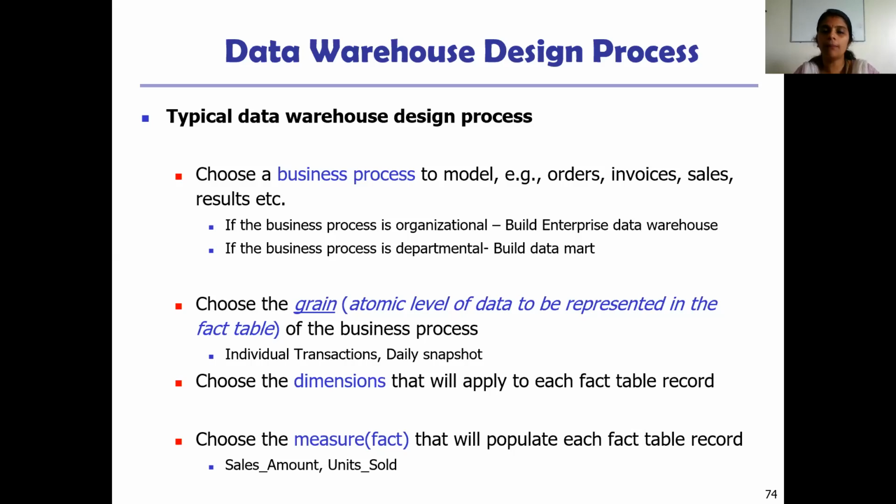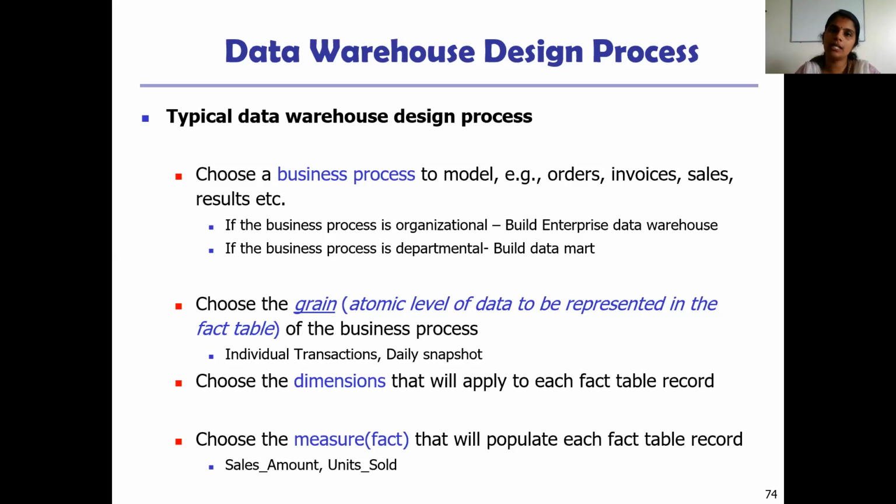What is the first step? Choose the business process which we need to model. If the business process is organizational, spanning the entire organization, we are going to build the enterprise data warehouse. If the business process is restricted to a department, we are going to build a data mart. Now the second step is choosing the grain, or the atomic level of data which will be represented in the data warehouse, the level of summarization.